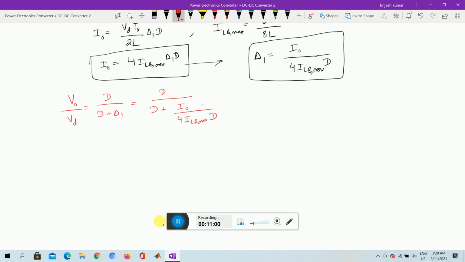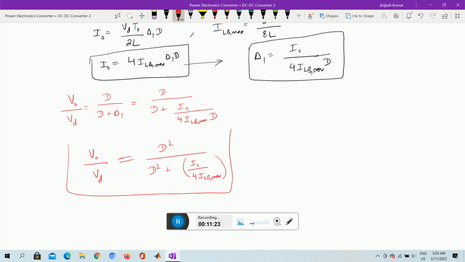So we can rewrite this taking D square: D square by (D square plus I0 by 4 ILB max). So this expression will be equal to V0 by Vd. So here we are getting an expression where we can say that I0 by ILB max is going to vary.